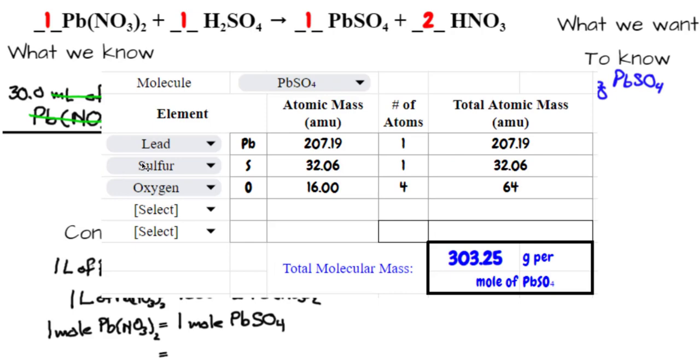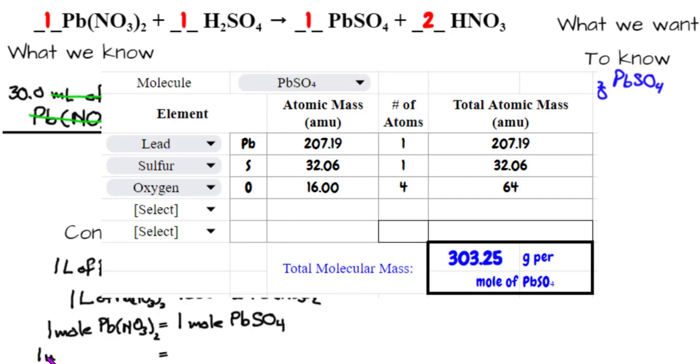And I can do that by basically taking the atomic mass of each one of the elements, multiplying by the number of atoms in PbSO4 to get that portion of the molecular mass. So I have 1 atom of lead, 1 atom of sulfur, but I have 4 atoms of oxygen in PbSO4. So grand total is 303.25 grams per mole. So I can add that to my list of conversion factors.